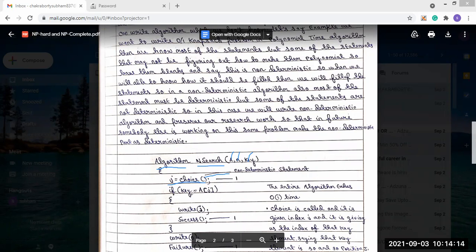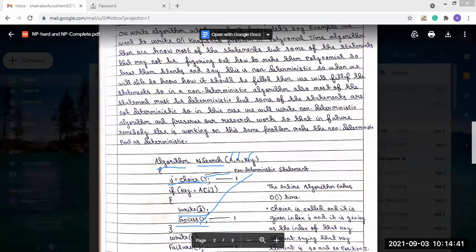And now here we have written if key equals A[j], that means the key element is present in the array at position j. If the key element is present in the array, then we write j, and after that we write success.